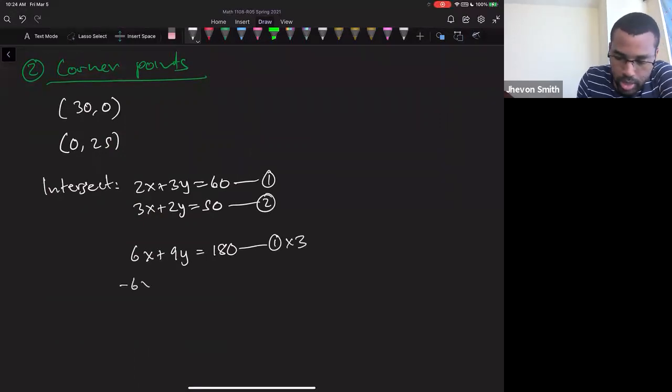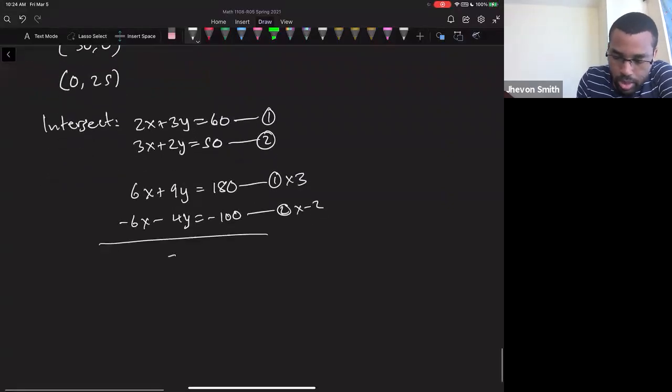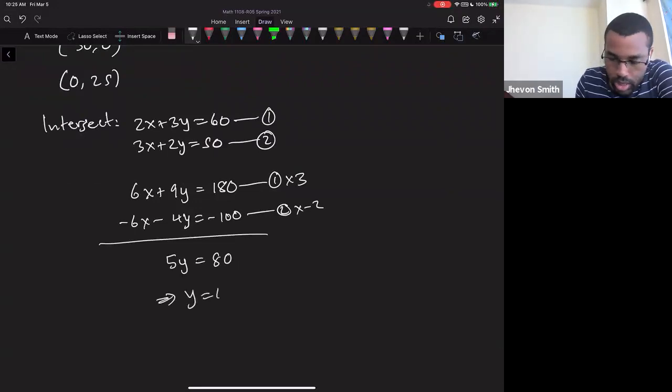Then this is minus 6x minus 4y equals minus 100. I took equation 2 times minus 2. I can add these, and I would get 5y equals 80. So y equals 16.